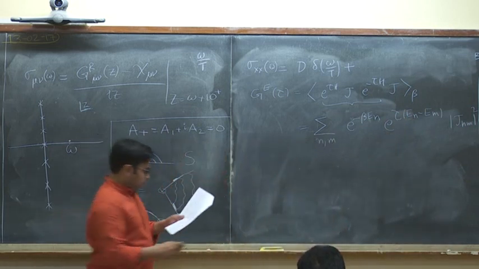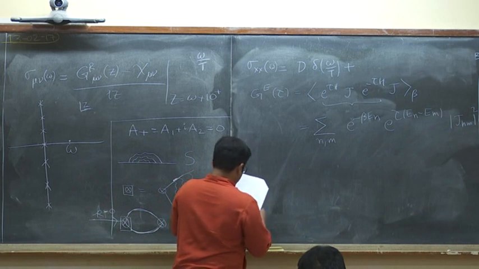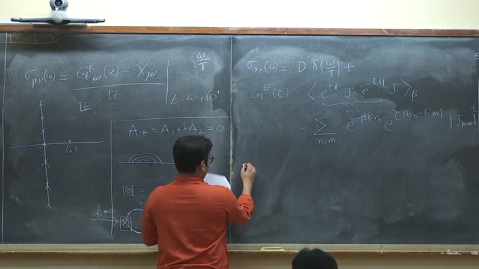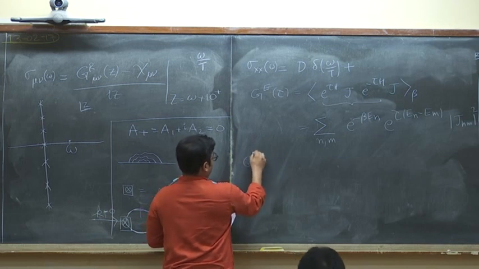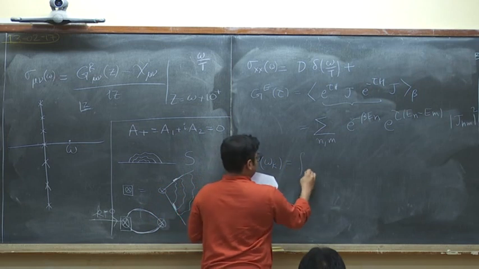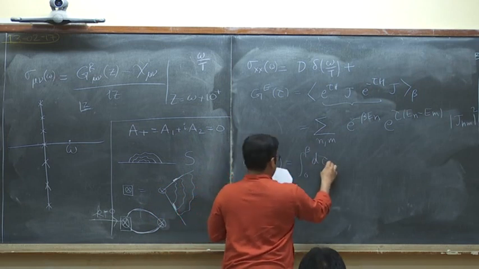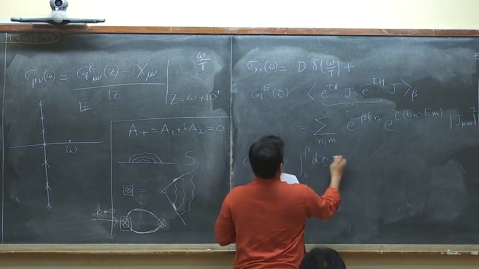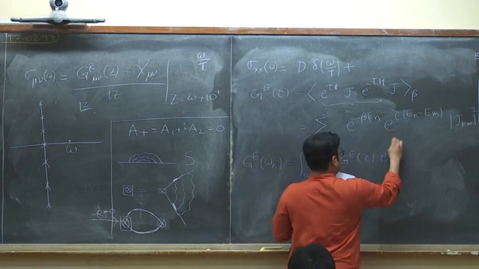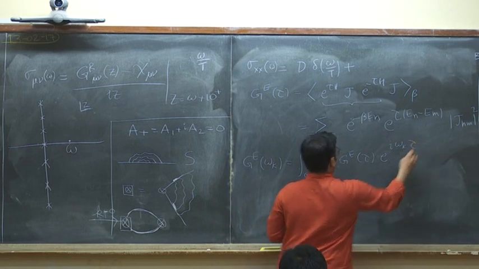We can Fourier transform it. It's a periodic function of tau, so I have to do this periodic Fourier transform. So G_E at omega_k is equal to the integral from 0 to beta d tau G_E(tau) e to the i omega_k tau.